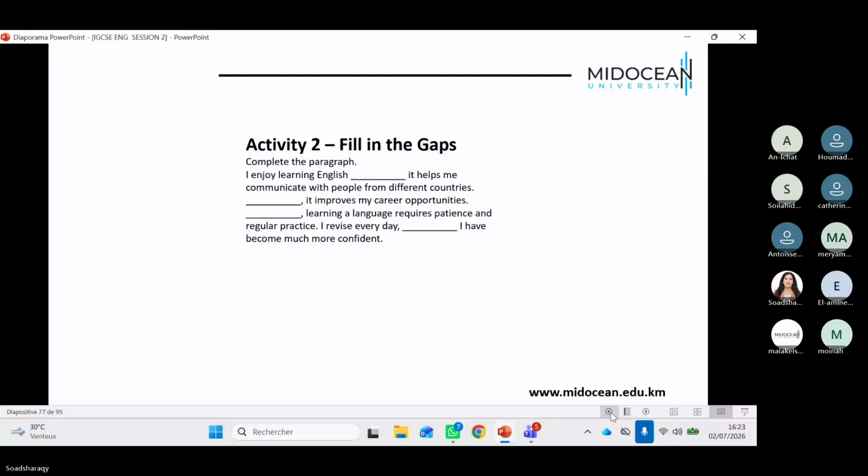Such as? I said I revise every day. I have become much more confident. So put a linker here. I revise every day, because I have become much more confident? No, not because. That's a result. Although?